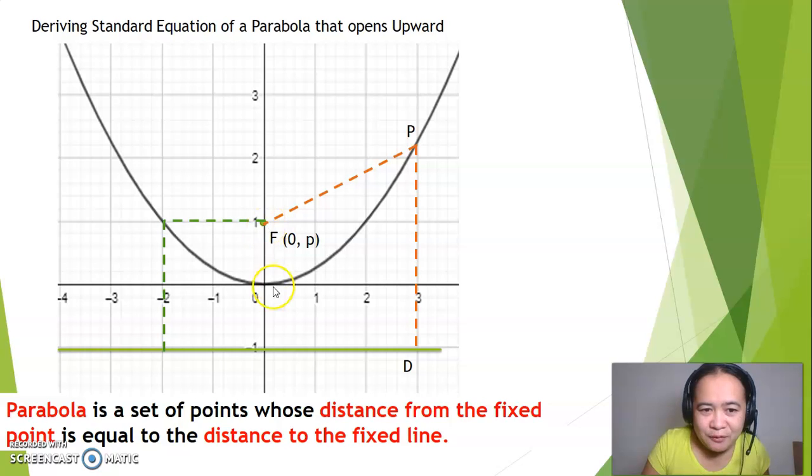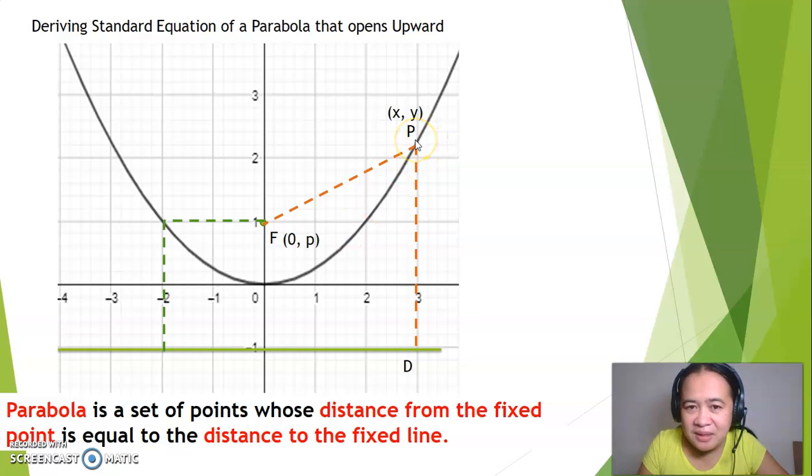Now, F to the vertex is P, and vertex to the directrix is also P. So let's have the coordinate of the focus as (0, p). The coordinate of P here is (x, y), and the coordinate of this point here is (x, negative p).